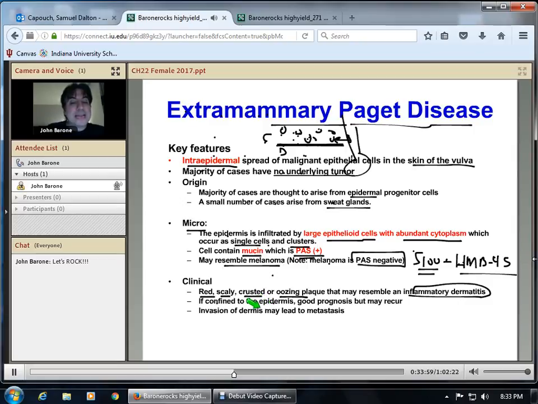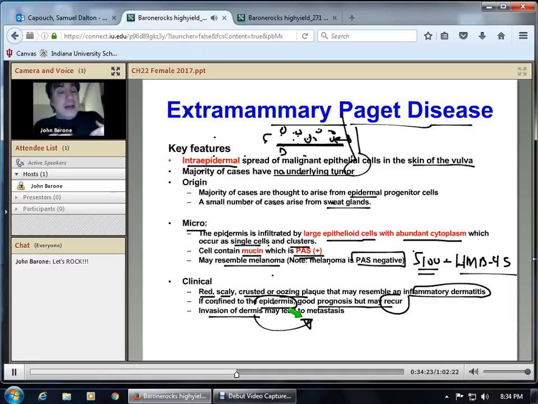Now, as long as it hasn't invaded, it's just confined to the epidermis, you can cure it. Now, if you don't cut it all out, it can recur. But if you get it all out, you cure it. Once it invades the dermis, it can find a blood vessel and metastasize. Good news is, if you catch it early, usually you can cure this thing.